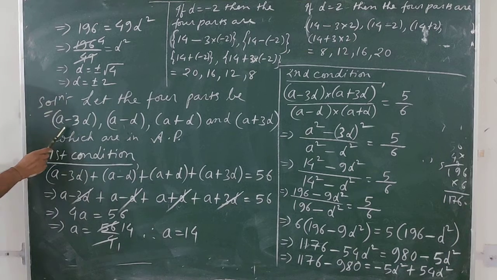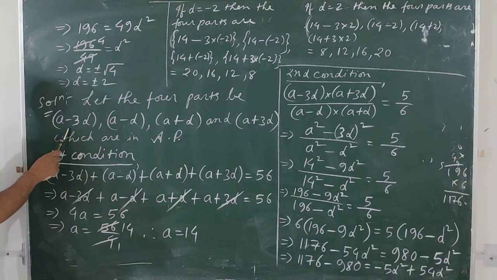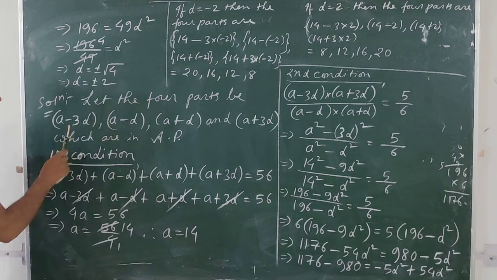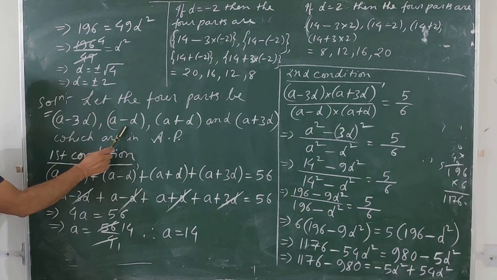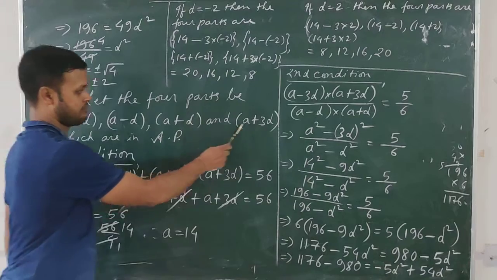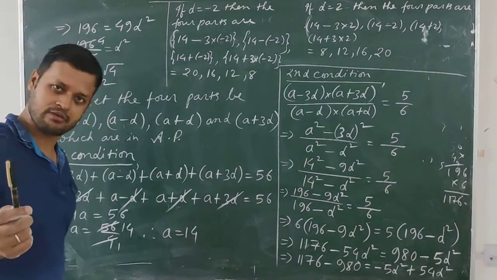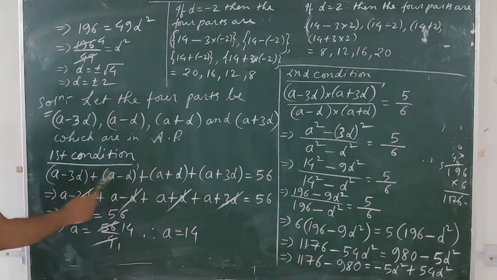So let the 4 parts be a minus 3d, a minus d, a plus d, and a plus 3d.